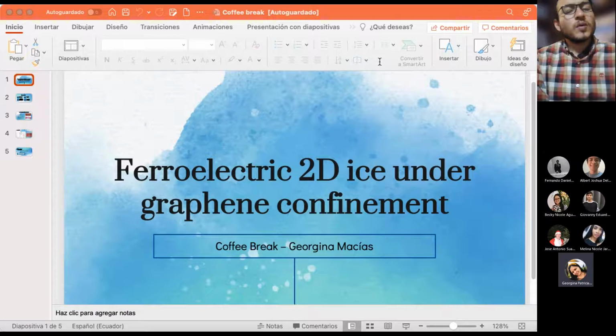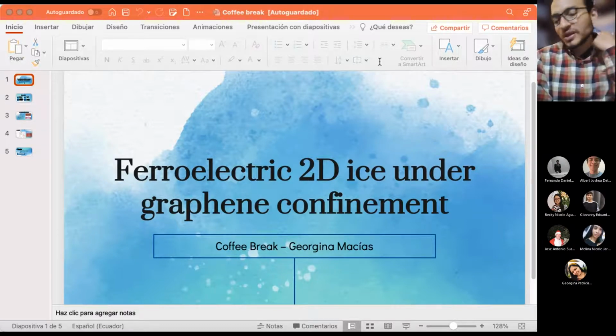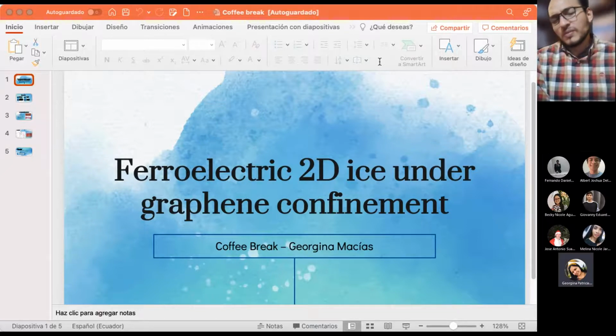So what's the graphene doing? Is it only keeping the ice alive, let's say, or is it doing something else? I didn't quite understand that part. For now, it only demonstrates that the ice has ferroelectric ordering.